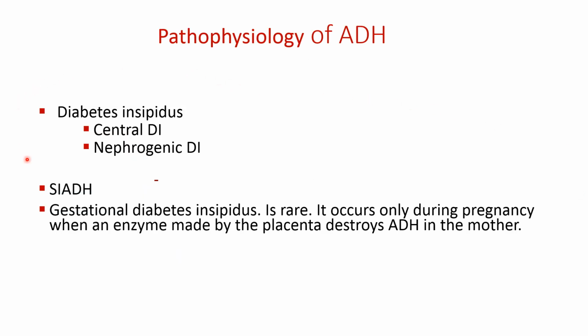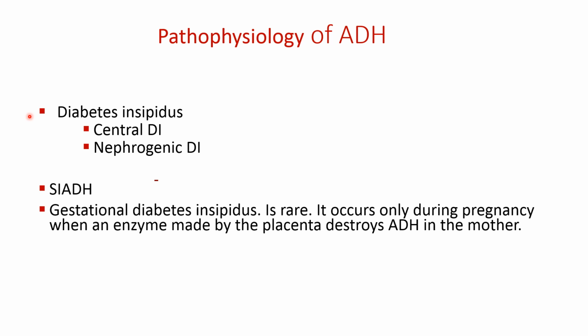Now, these are the primary disorders of ADH. When we have a problem with either ADH action or ADH secretion, we will have something known as diabetes insipidus. In Arabic it is called false diabetes.